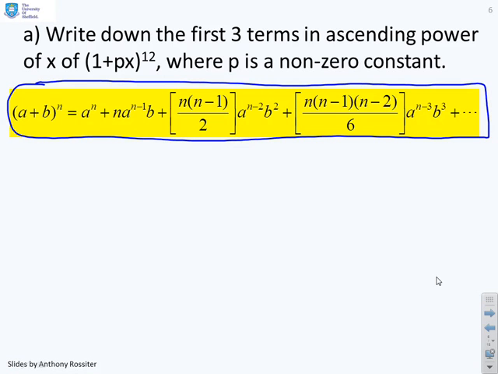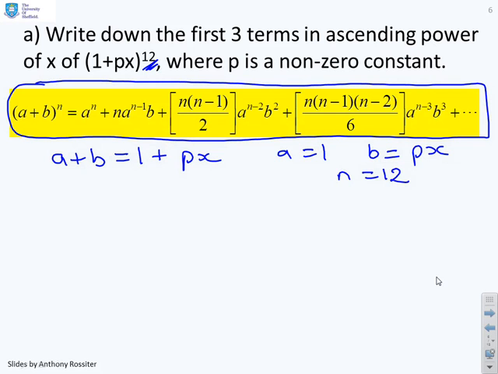As soon as I've done that, I can see that I've got a plus b equals 1 plus px, which tells me that a equals 1 and b equals px. I can also see, because there's a 12 up there, that n equals 12. So now all I need to do is substitute these three numbers into this formula.